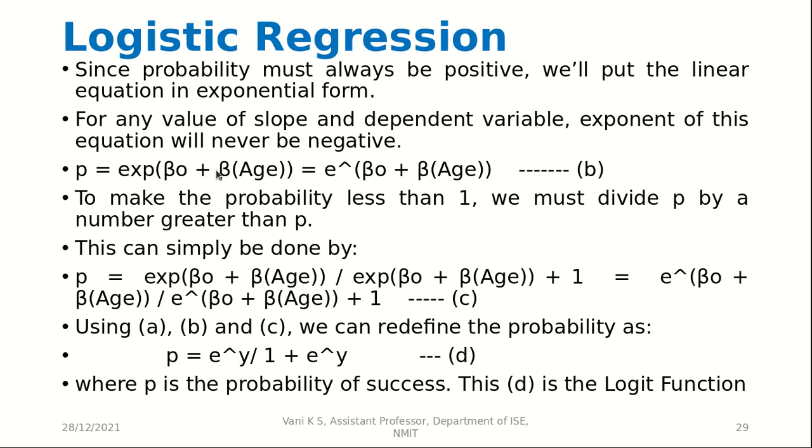Then we also have to make the probability less than 1, so we write the same thing in the denominator and add 1 to the denominator. Now p is equal to the exponent of beta naught plus beta age upon the exponent of beta naught plus beta age plus 1. So since the denominator is greater than the numerator, the probability will be between 0 and 1.